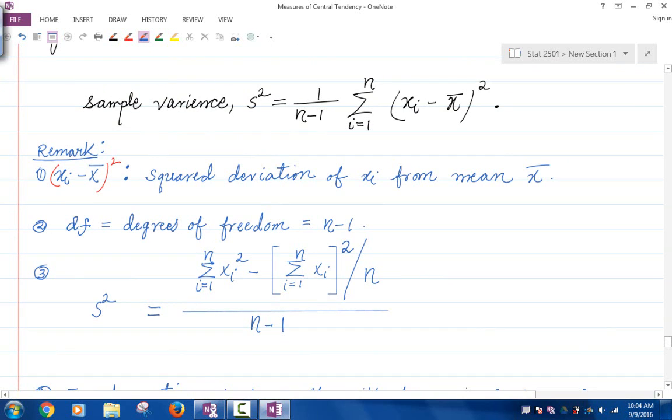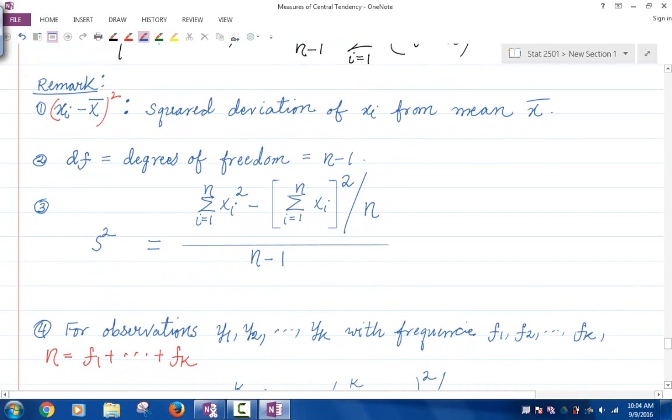I also noted last time that the sample variance can be written in a different form, which is the summation of xi squared minus the summation of xi whole squared divided by n, and then the whole thing divided by n minus 1.